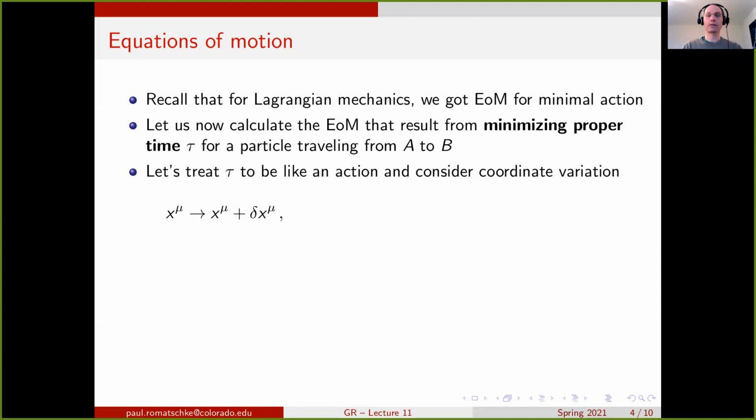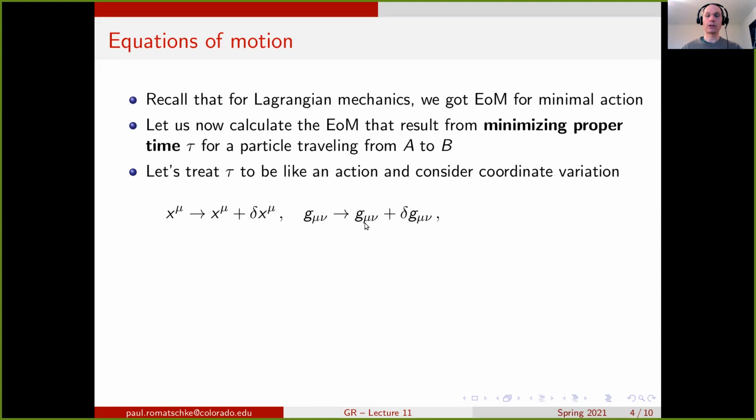We proceed akin to our discussion of the equations of motion for the Lagrangians in an action. So we consider the coordinate variation x^μ going over to x'^μ being x^μ plus a small increment δx^μ. Because we're changing coordinates, and this change does not necessarily need to be a linear change in coordinates, our metric will also change, or can potentially change.